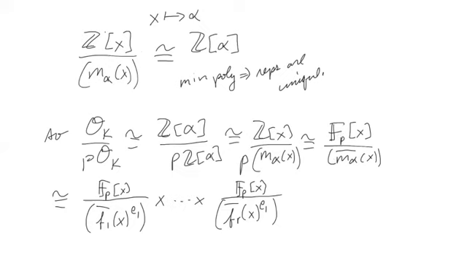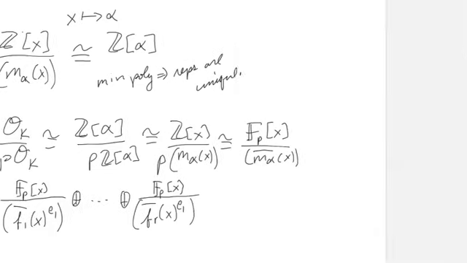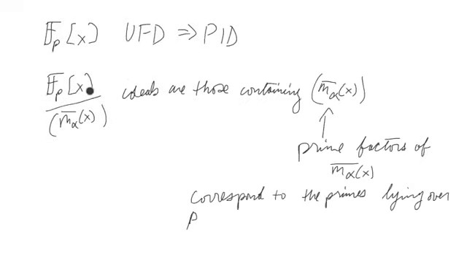And by the Chinese remainder theorem, we can think of this as a direct sum. Things split if we think of these f_1 to f_r as irreducible polynomials mod p, and then we end up getting this nice decomposition.